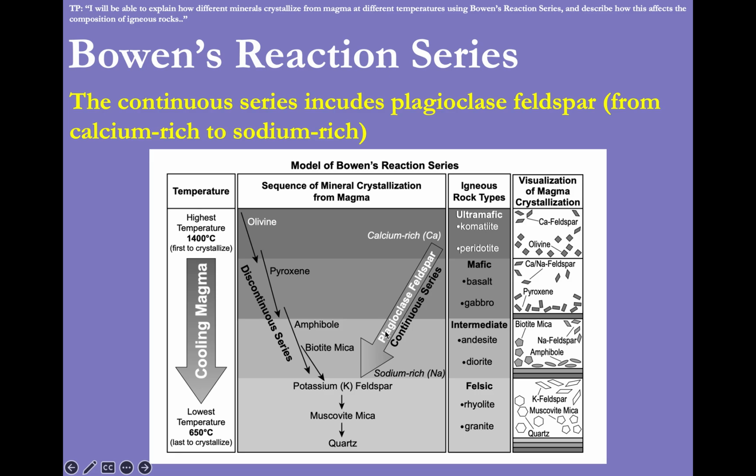Here is just one. The first to crystallize for this one mineral is calcium rich plagioclase feldspar. That's going to be at your highest temperatures. And as the magma cools from the highest temperature, it becomes more sodium rich plagioclase feldspar.